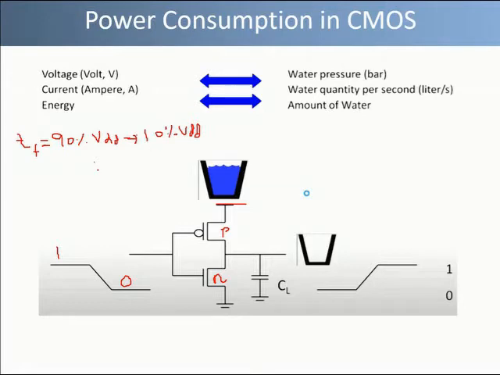So it is the time difference between 0.9 times VDD and 0.1 times VDD. So initially when the input is 1, this PMOS transistor is switched off, whereas this NMOS transistor is switched on. So the capacitor at the load side, which is acting as another reservoir to store energy, has been completely discharged to the ground.